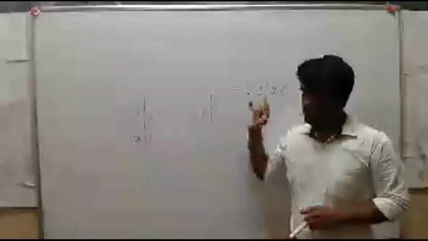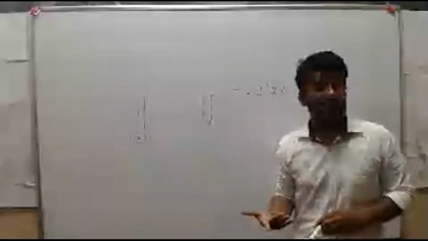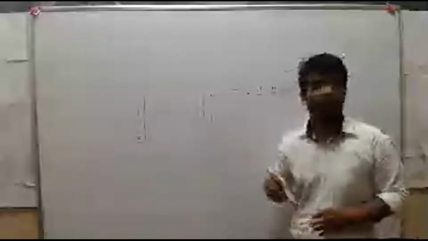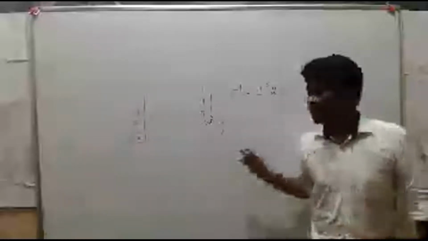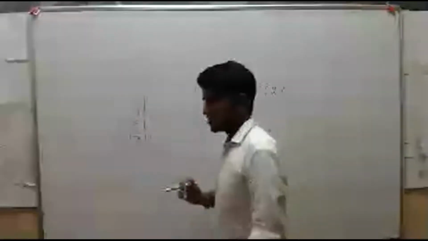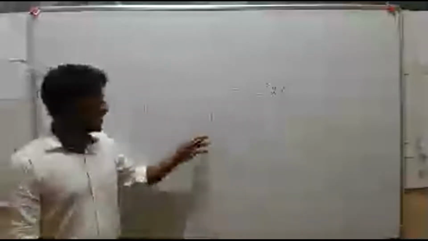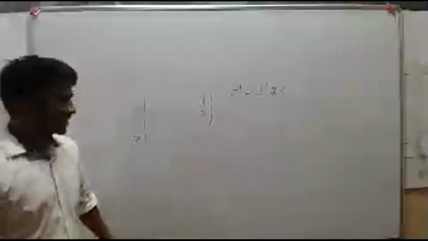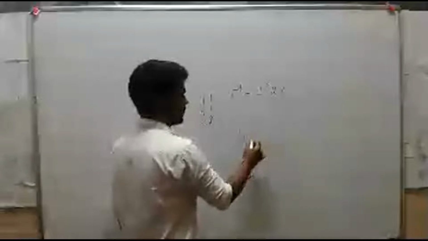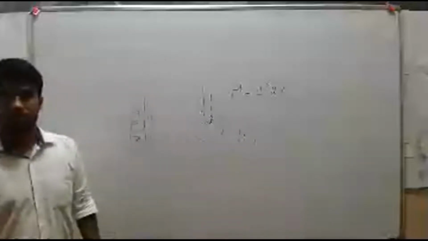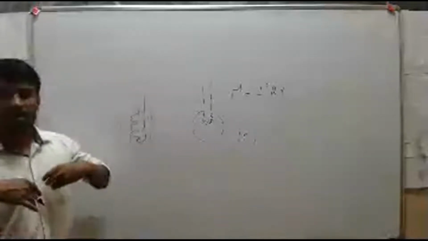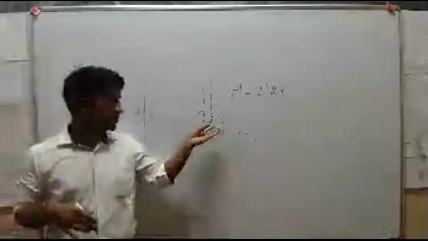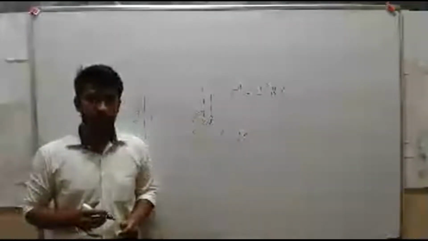Only a small amount of energy is converted into light energy. The remaining energy is converted into heat energy. For example, the efficiency we get is only 10 to 15%, and the remaining 85% or 80% is converted into heat energy.